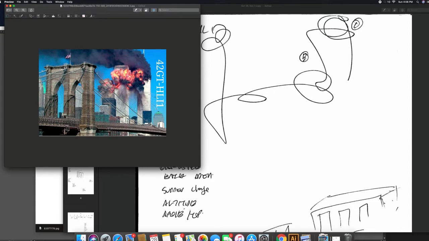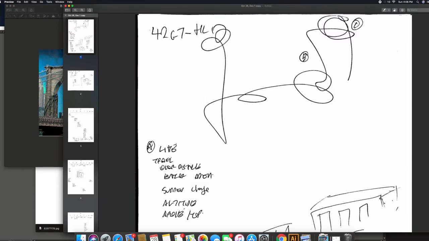This was the target that was selected. The burning buildings in the back were the focus of the tasking. The target number was 42GT-HLI1, and I worked this blind in this CRV session here.